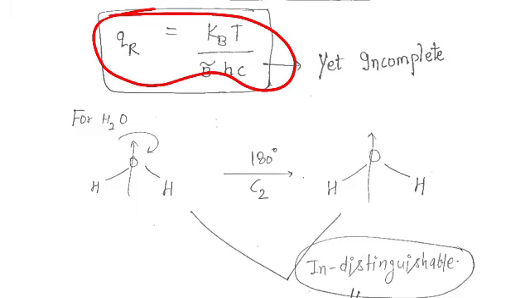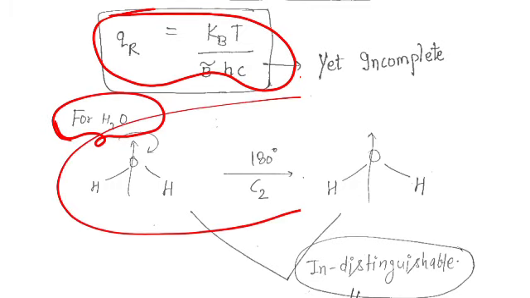As I said, this expression is incomplete. So what is the thing which is left? For example, if I take the water molecule, then these two conformations of the water molecule are indistinguishable.